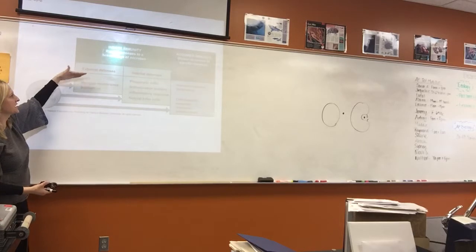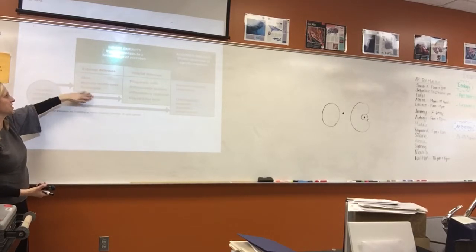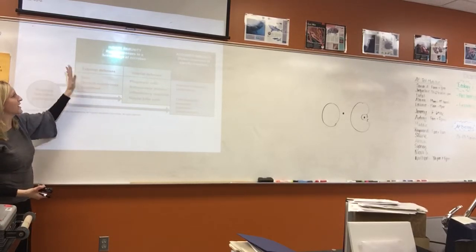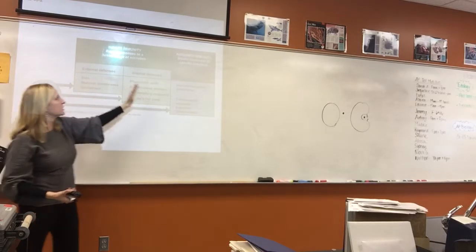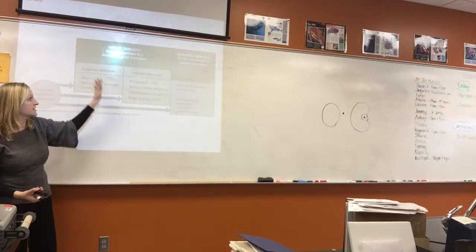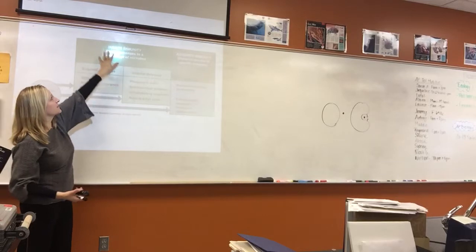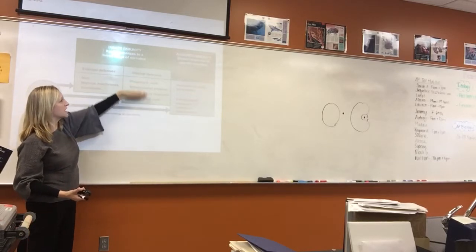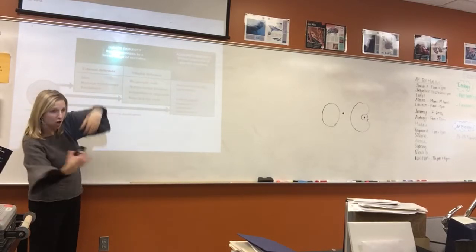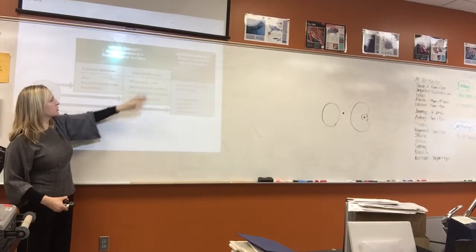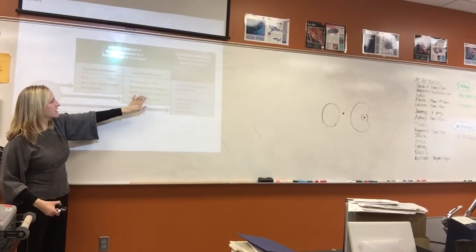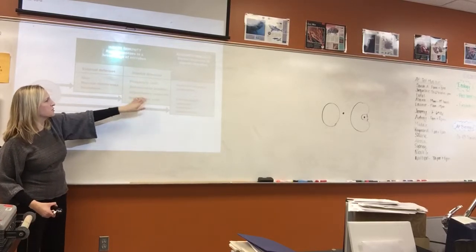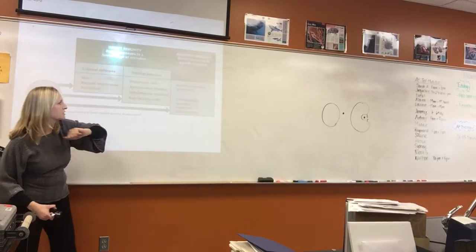So we're going to look at your skin, your mucous membranes, and secretions. And that's your first line of defense, but sometimes that microbe will get past those external defenses, and so your second line of defense is still part of the innate immunity. We'll talk about these phagocytic cells that engulf these foreign particles, and we'll look at these other three things: antimicrobial proteins, inflammatory response, and natural killer cells.